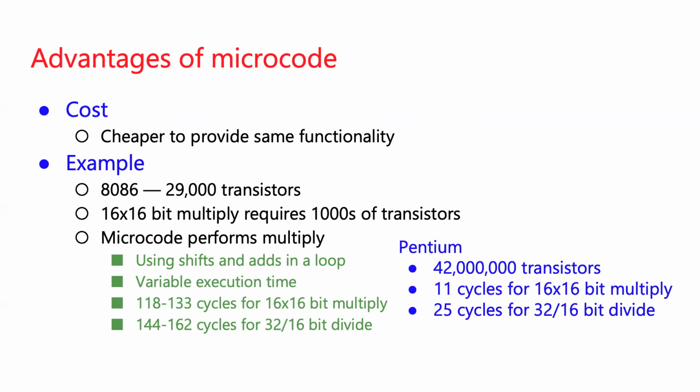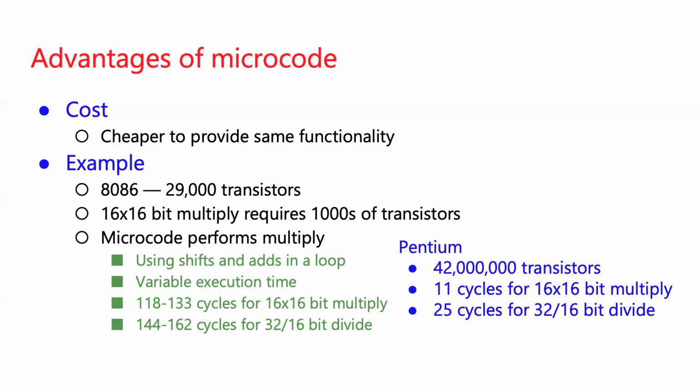This is one place where you've seen performance improve a lot over the generations of microprocessors. Years later, when the Pentium processor came out, it was a much bigger design with around 42 million transistors. And a lot of that circuitry was spent doing things like this multiply operation faster.